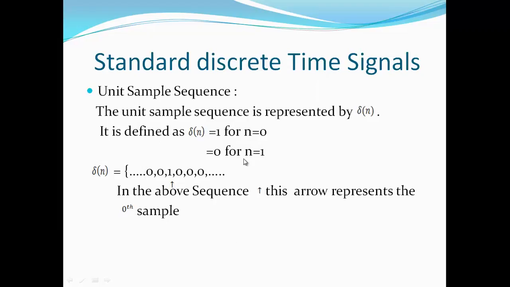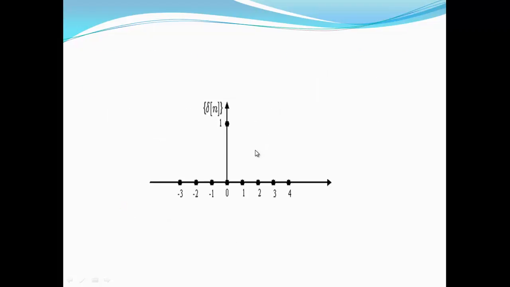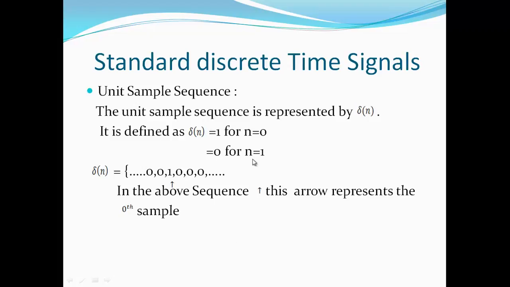There is a typing error here: it is for n not equal to 0, not n equal to 1. From the diagram it's very clear. It is equal to 1 for n equal to 0, and equal to 0 for n not equal to 0. On all the points 1, 2, 3 it is equal to 0. Only at 0 it is equal to 1.